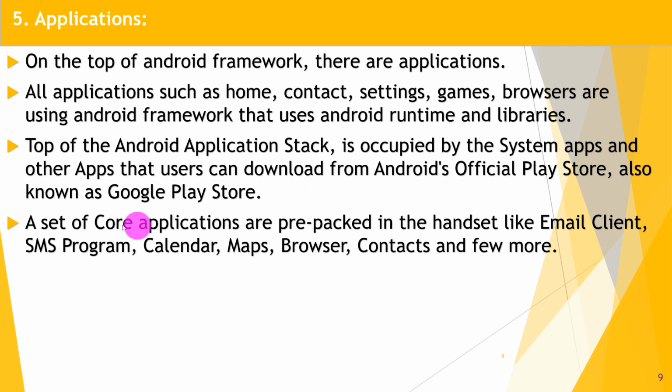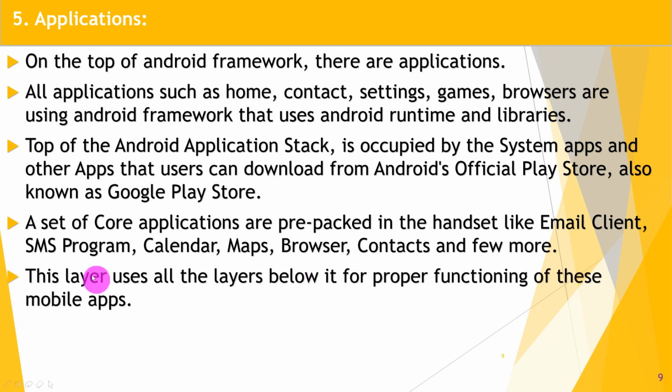Next is a set of core applications that are pre-packed in the handset, like email client, SMS program, calendar, maps, browser, contacts, and a few more. So the application layer uses all the layers below it for proper functioning of these mobile apps. Guys, this is the most important layer because it uses the help of the other layers.